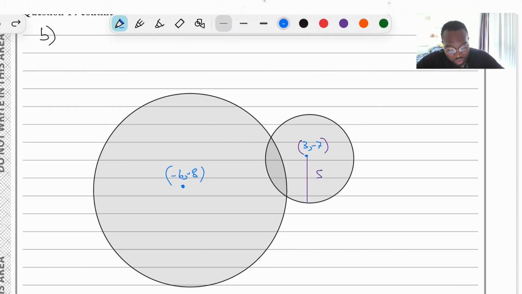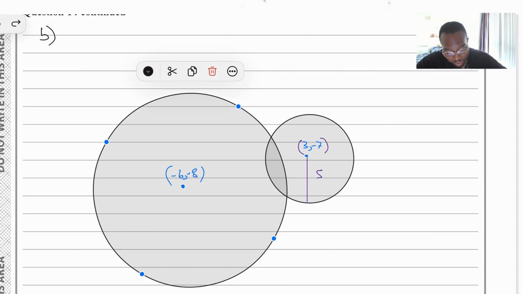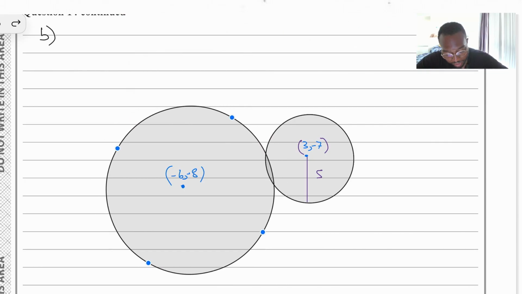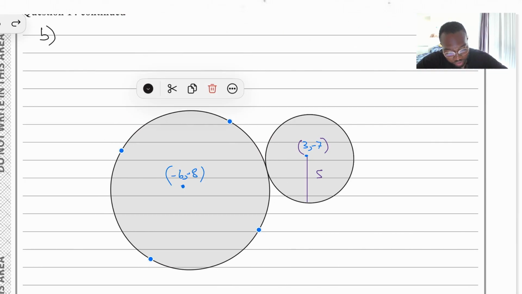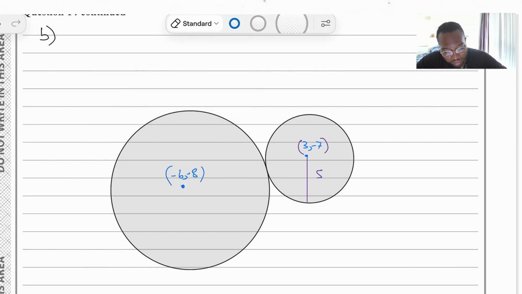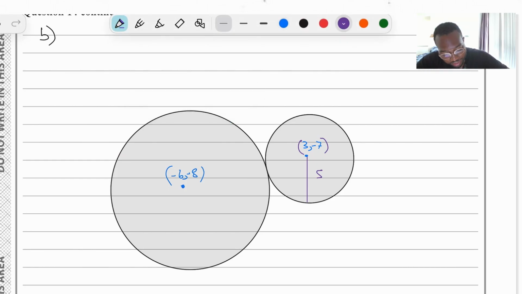So if I just show you what I mean. Let's say k is here, for example. Let's say that we have this length, and this is radius k. Well, as you can see, at this point here, k just intersects at 1 point, okay?